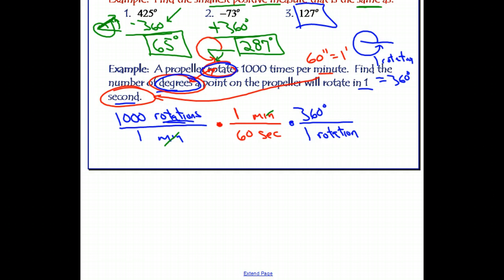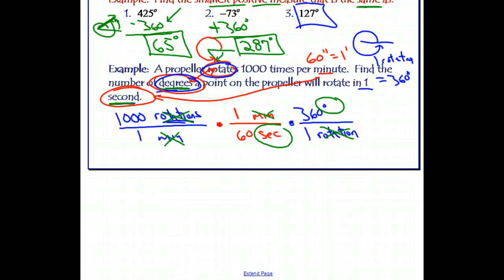Let's see if this works out. The minutes are gone. The rotations are gone. And what am I left with? Degrees per second, which is what they wanted.